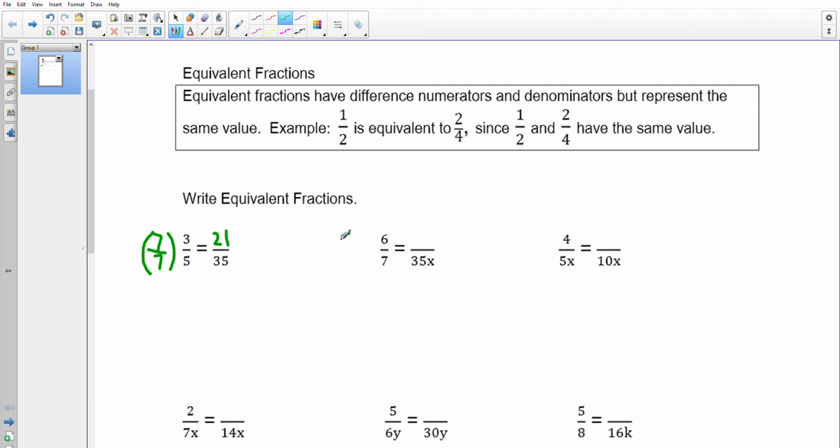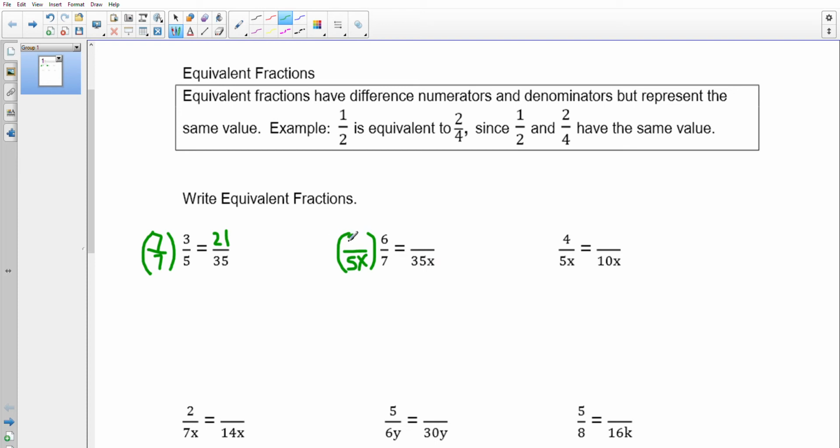In the next example, 6/7, we want to have an equivalent fraction with denominator 35x. So I have to look at what factors are missing on the left to make the denominator match the right. So I have 7, but I need 35x. So if I multiply 7 times 5x, that will give me 35x.